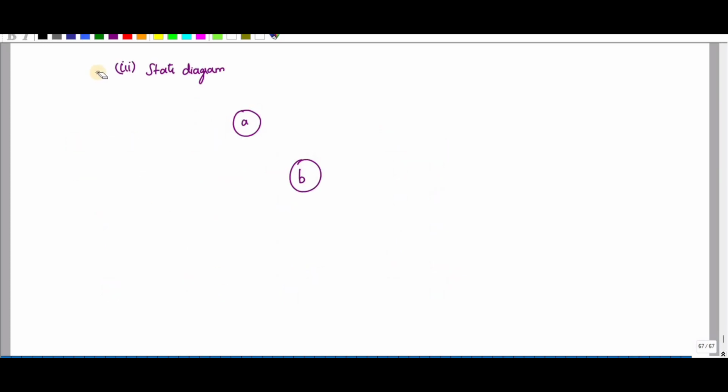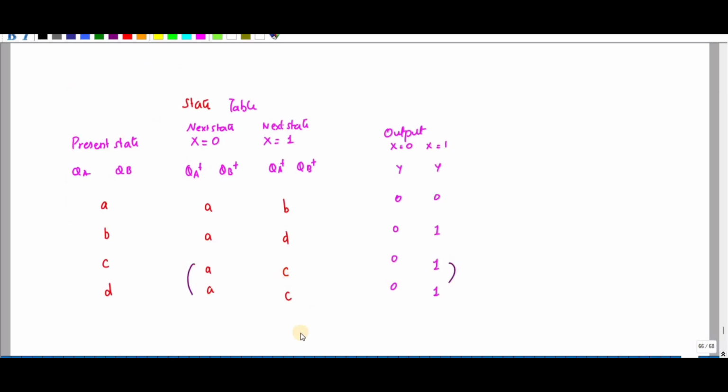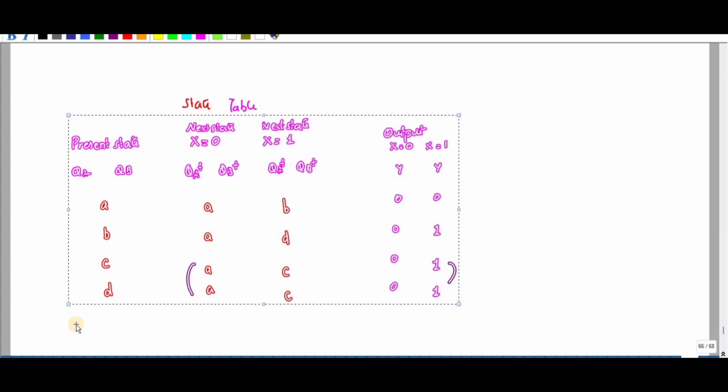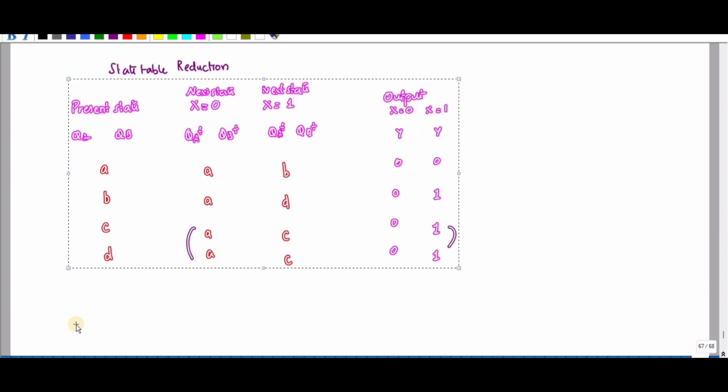So before this, state table reduction. For that, let me copy this and paste it here.